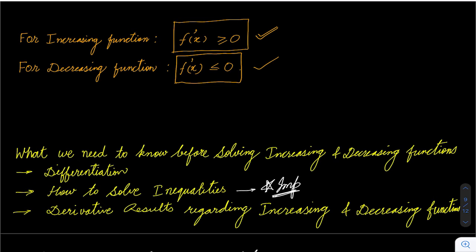You will see when we solve questions that in almost every question you will have inequalities. The inequality may be a linear one or quadratic one, maybe cubic one, maybe higher than that. So you must know how to solve inequalities. Next is derivative results, that we already know that f dash x is less than or equal to 0 when it's a decreasing function, and it's greater than or equal to 0 when it's an increasing function.